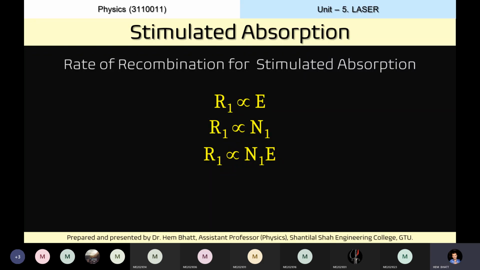If we remove the proportionality constant, we have this constant B12. This is Einstein's first coefficient, B12.